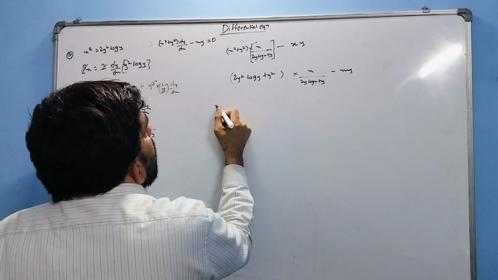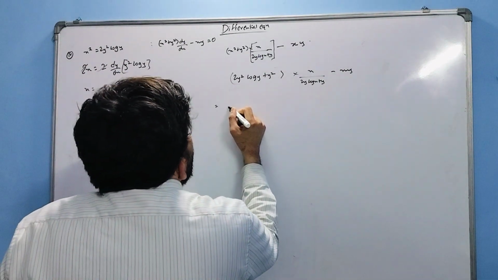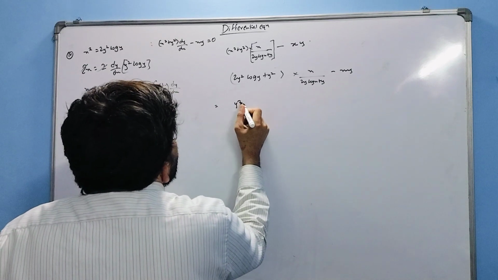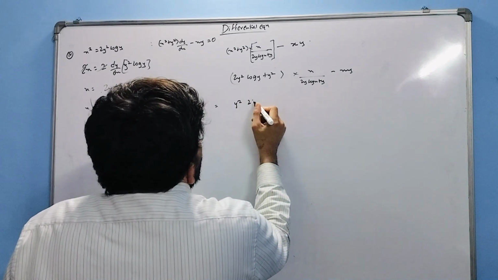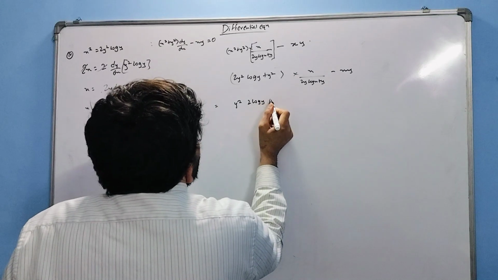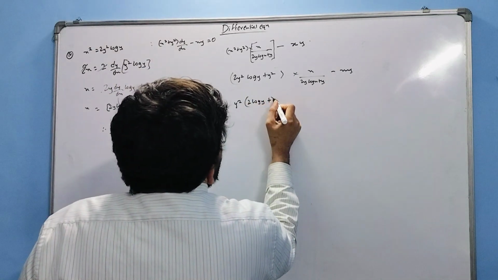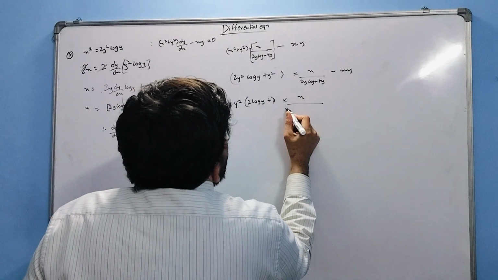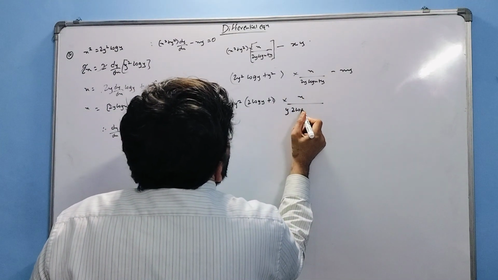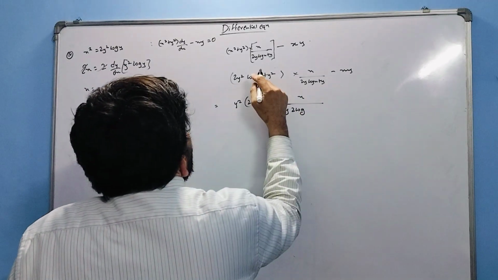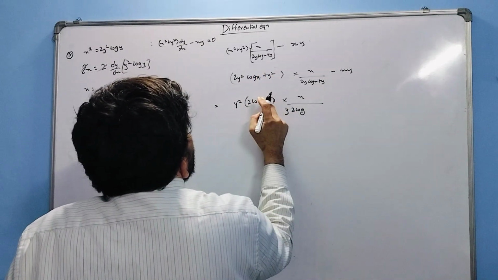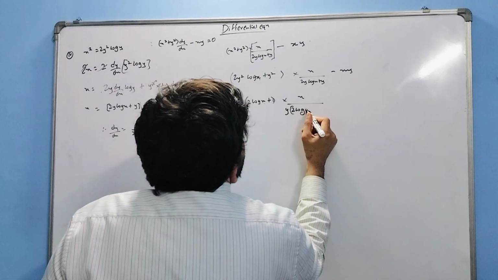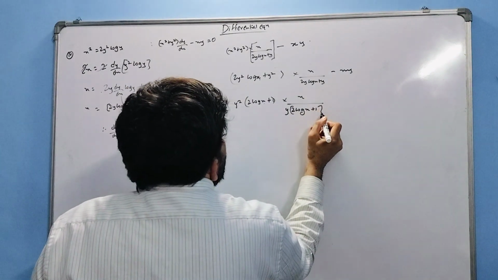Now we can take y square common. I get 2 log y plus 1 into x upon, taking y common, 2 log y plus 1, minus x.